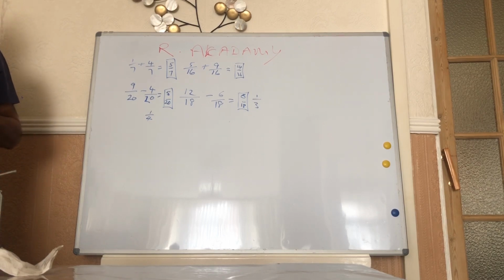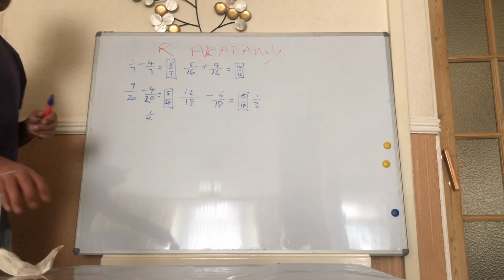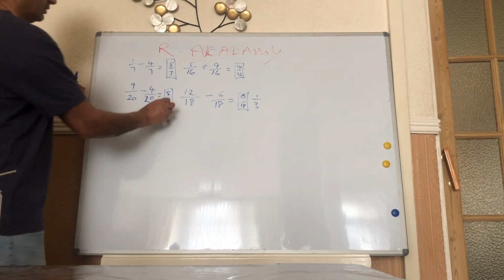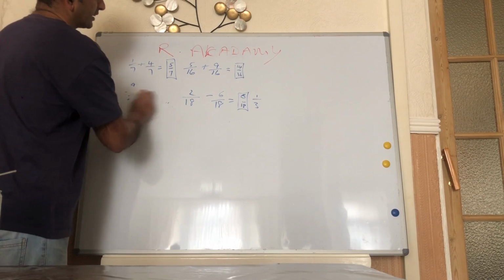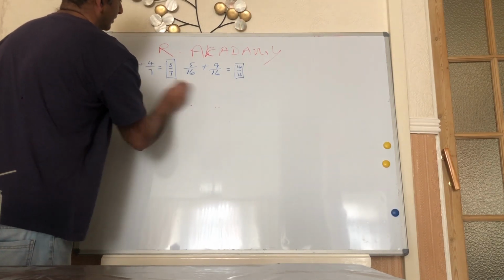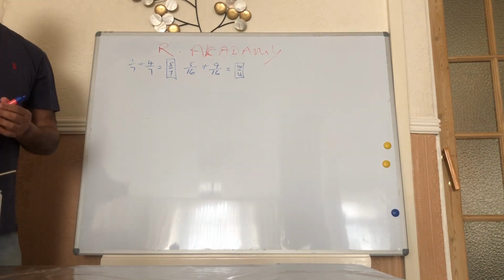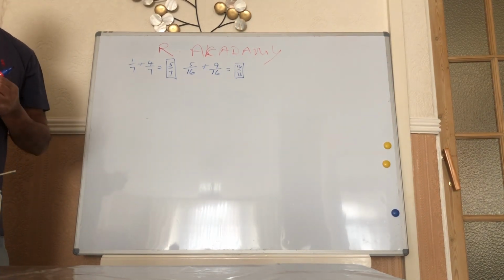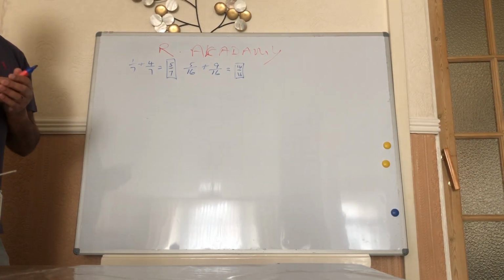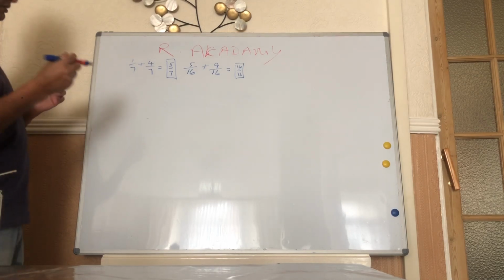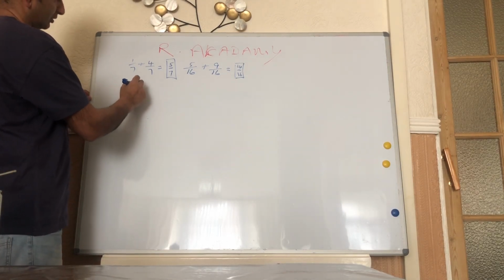We can come to the next question. I love these questions. Bit confusing sometimes, but it's got to be done. So it's saying, what is 9/10 minus 3/10? That's the question.